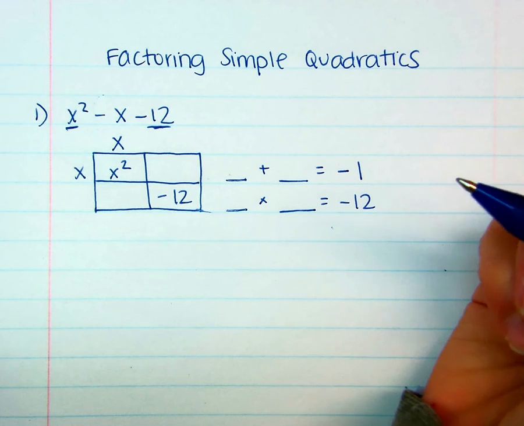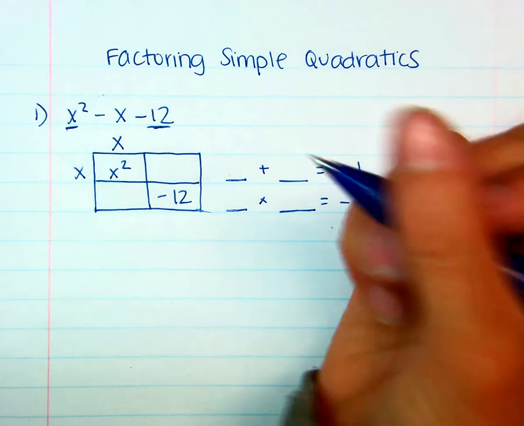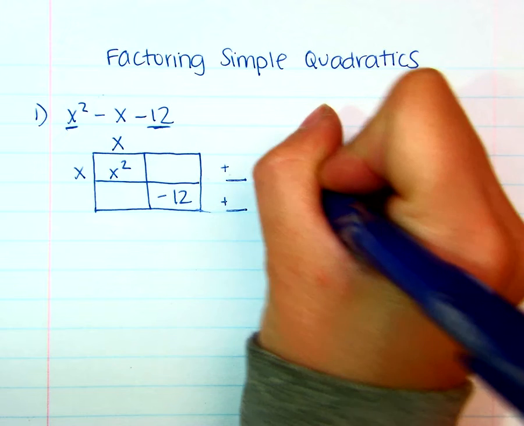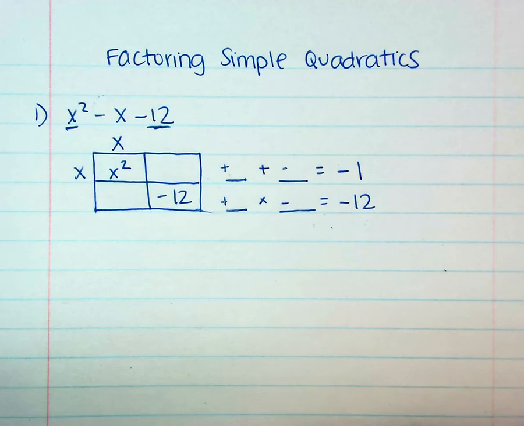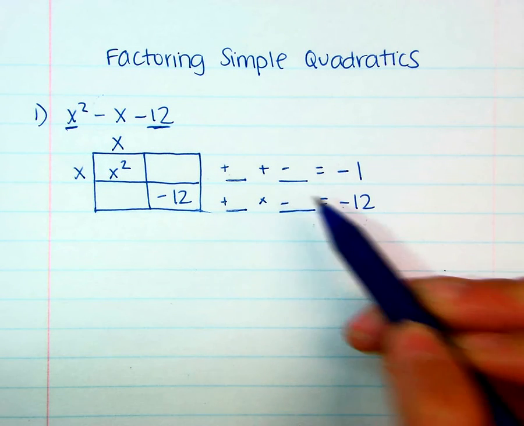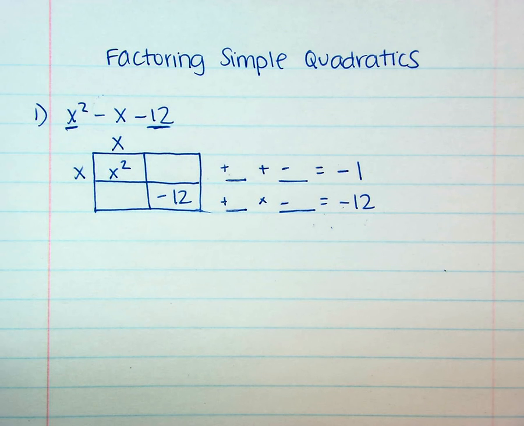One of them has to be positive and one of them has to be negative. So let's say positive is here, negative is here. I know that because a positive times a negative is a negative. So this is a negative number, so my negative here has to be more negative, like its absolute value has to be bigger than the positive.